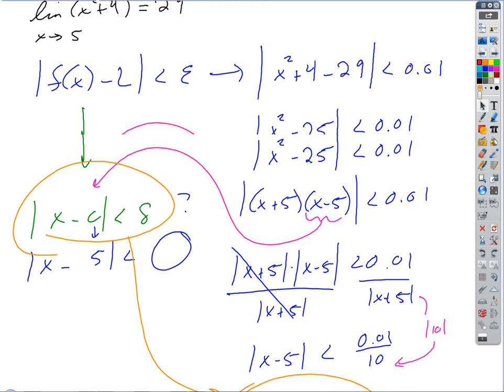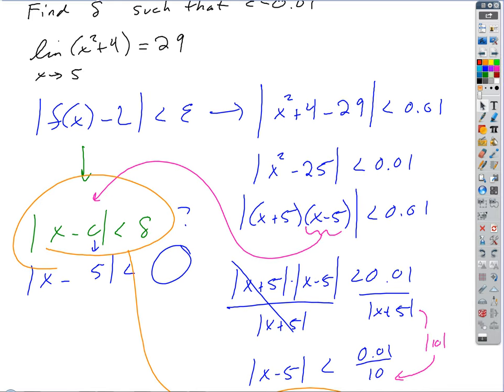Let's go back to 24. That's what we just did, right? So on 24, if we're in the neighborhood of 5, let's just say arbitrarily our neighborhood is going to go from 4 to 6.